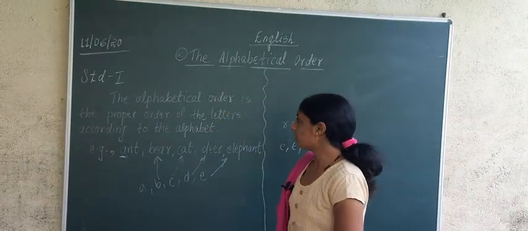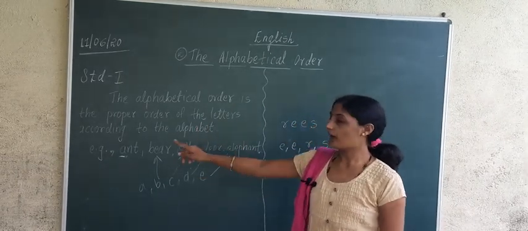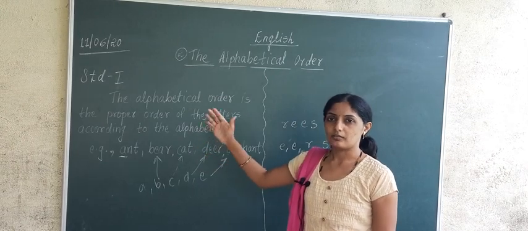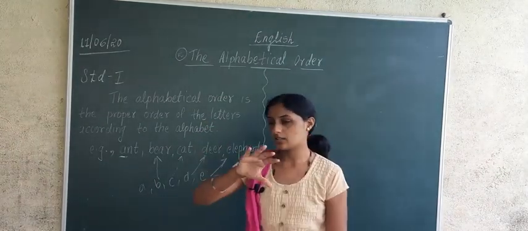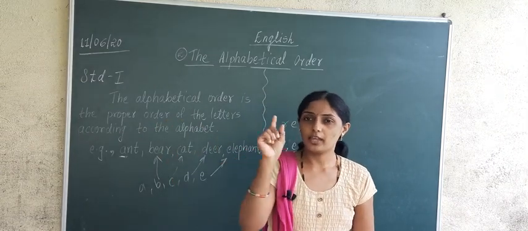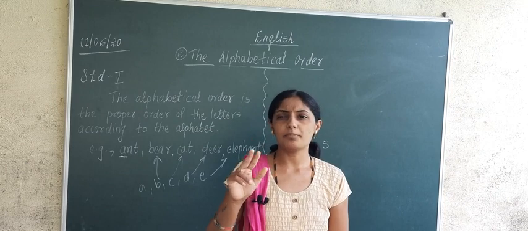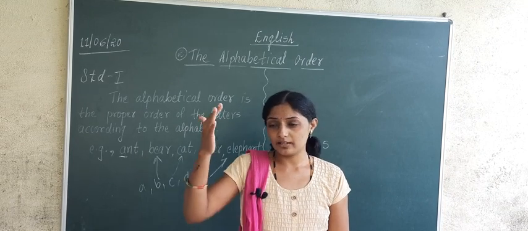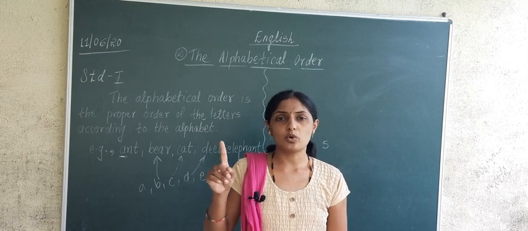So here it is told that the alphabetical order is the proper order of the letters according to the alphabet. There is a series, or there is an order. If A is first, then which letter is second? You know it very well. After A, B is there. Like ABC, like 1 to 100 or 1 to 10. You know first is what? 1.